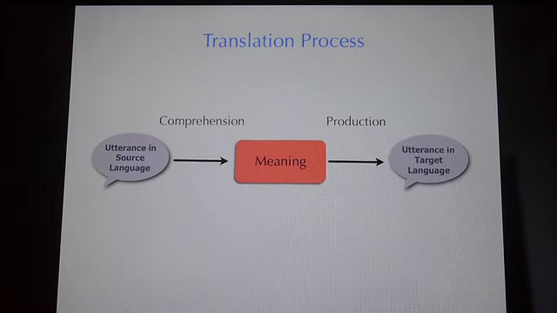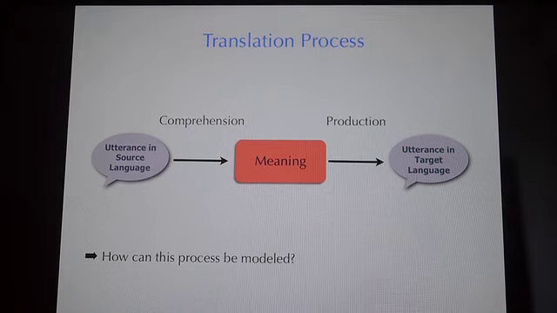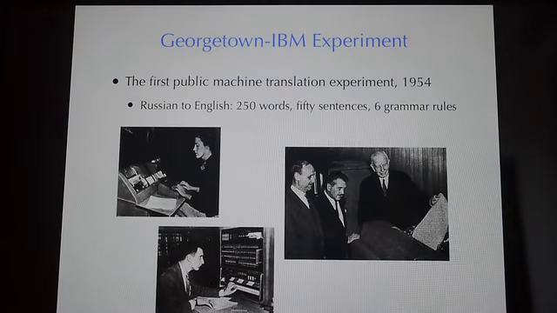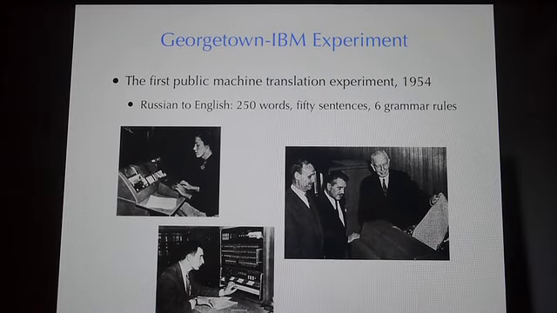Now, can we model this process in a symbolic model? This is something that in 1954, a group of researchers in Georgetown, IBM, tried to experiment with.